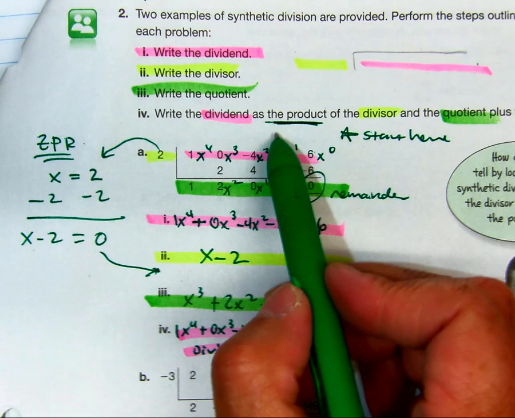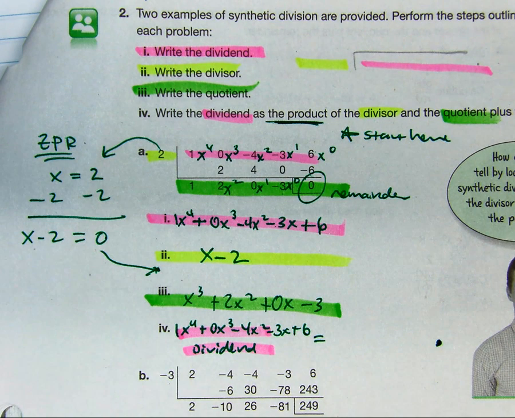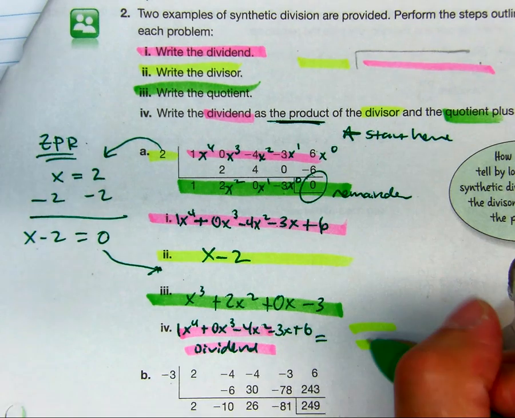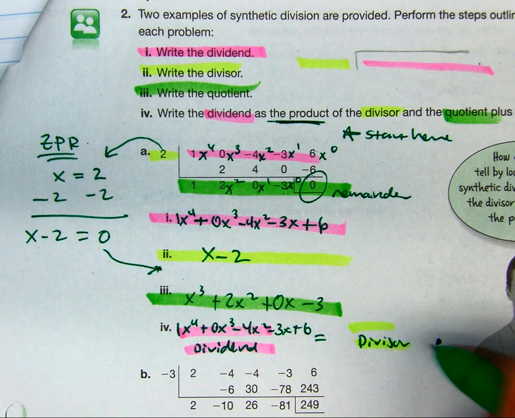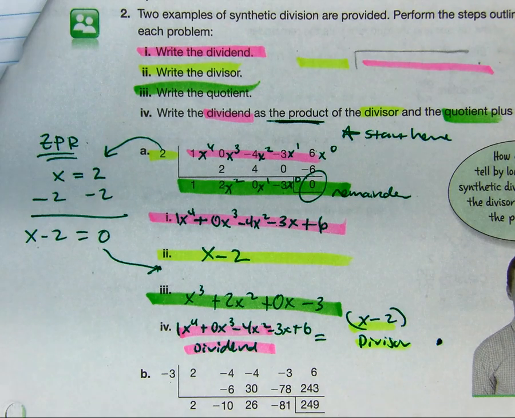Times, when you multiply the divisor. So the divisor was x minus 2, and I multiply that by the quotient.